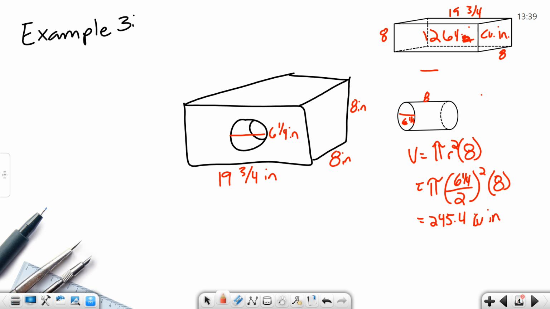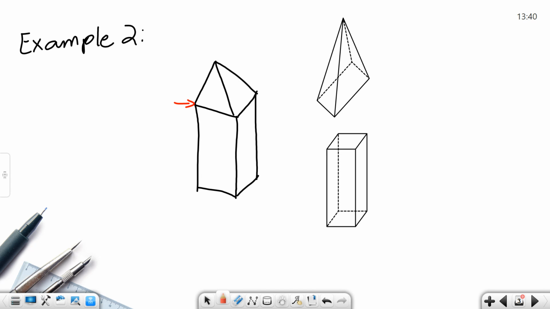And then we're going to subtract 1,264 minus 245.4. Total volume of this shape is 1,018.6 cubic inches.